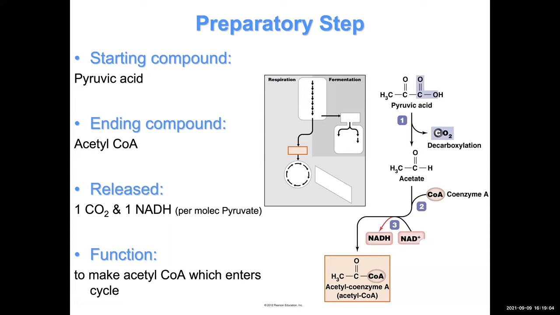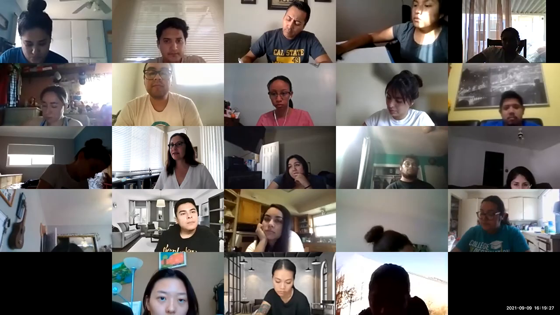Well, acetyl-CoA is our final product. But do we generate anything else? NADH. Now that's important, right? Because NADH will eventually lead to what? ATP. That's right, ATP. Okay, so let's take a look at this.